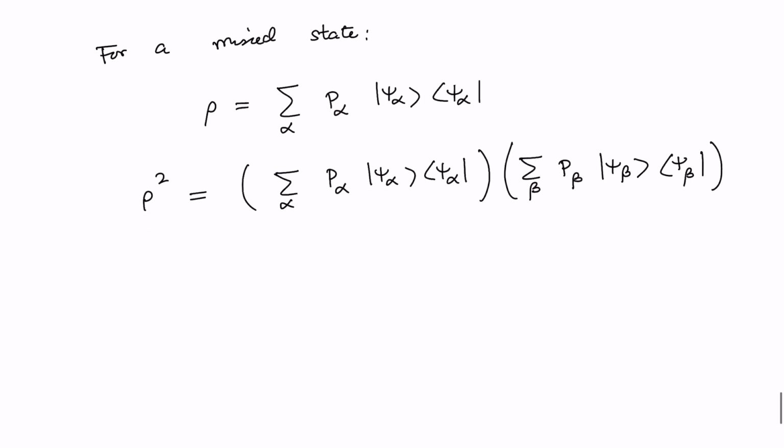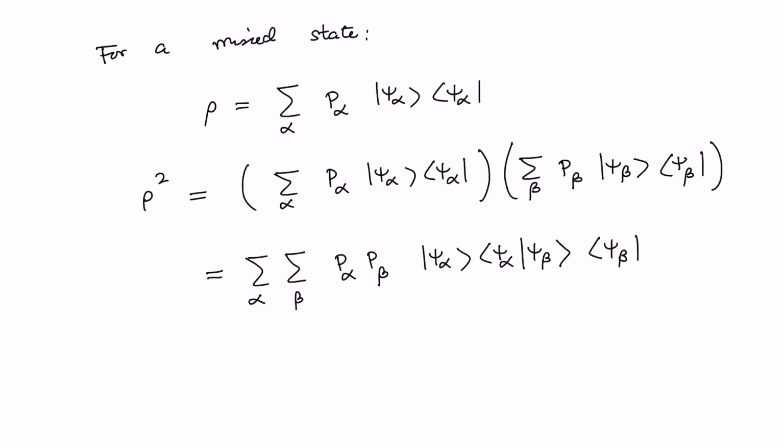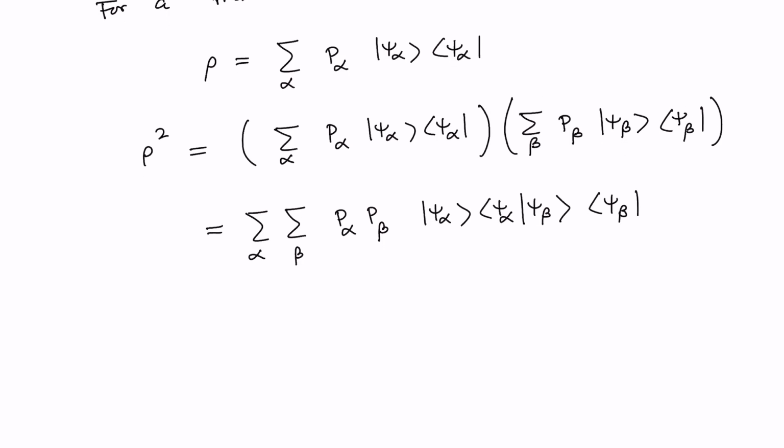If I open it up, I take the summation sum over alpha, sum over beta, P alpha P beta, then I have |psi alpha><psi alpha|psi beta><psi beta|. And because psi alpha and psi beta are orthonormal to each other, the scalar product is going to be delta alpha beta.